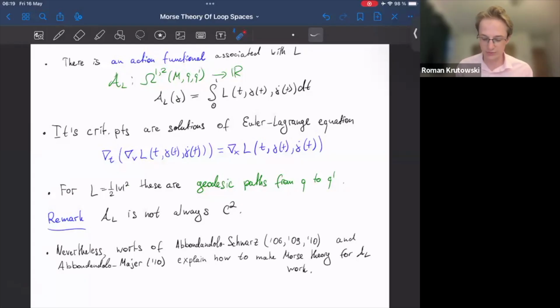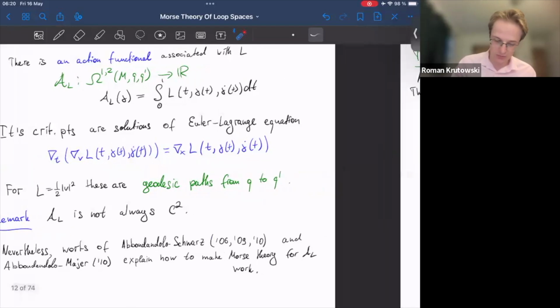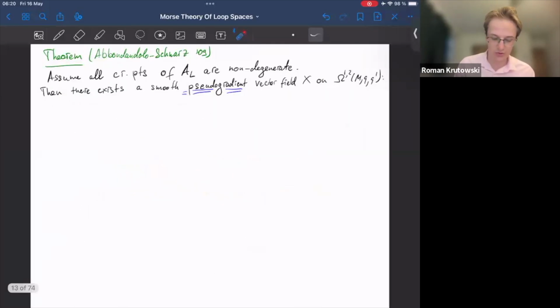And works of Abbondandolo and Schwarz and Abbondandolo and Majer explain how to make Morse theory work. So in particular, there is the following theorem. If we assume that all critical points are non-degenerate, then one can pick a smooth pseudogradient vector field on Ω^{1,2}, which would satisfy all the necessary properties to run Morse theory.